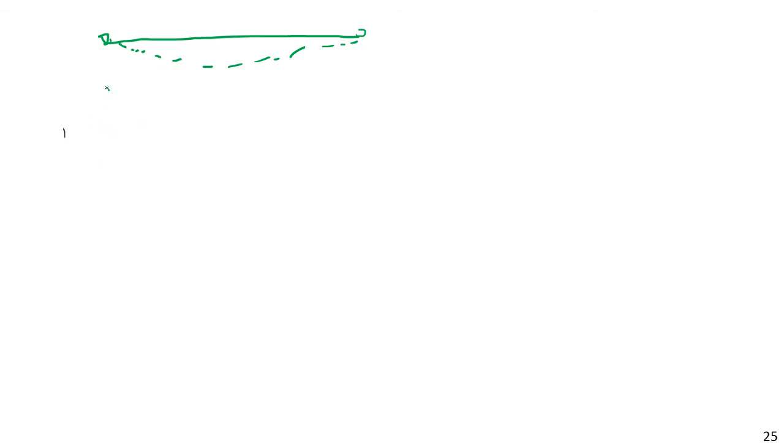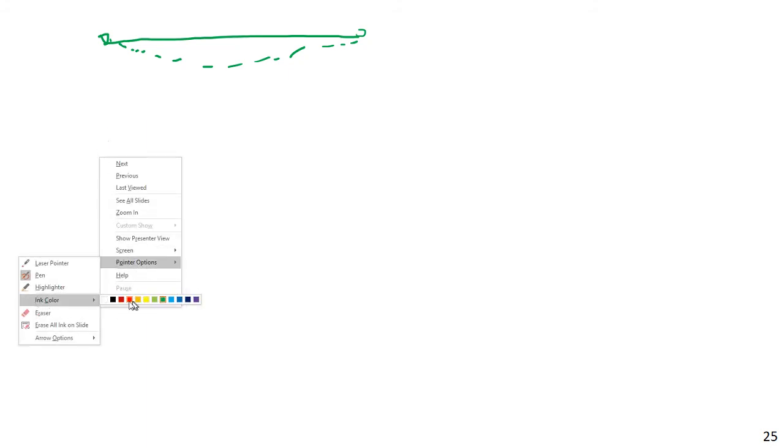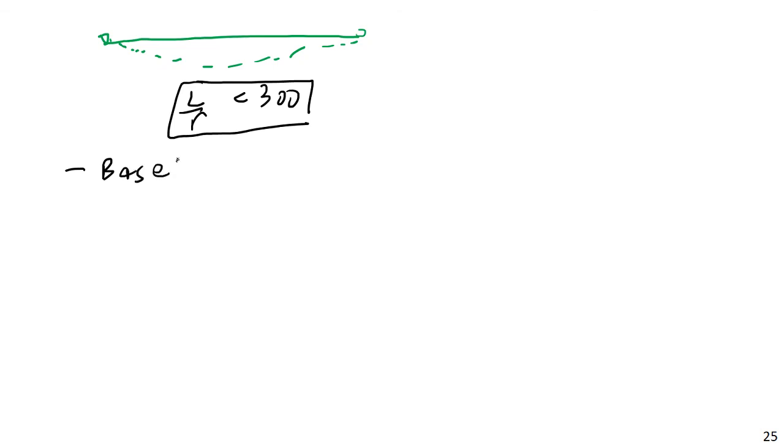So again, this is based mainly on... We have it not a code requirement, but a recommendation of L over r is less than 300. And again, this is not a requirement, but a recommendation, and it is based mainly on economics.